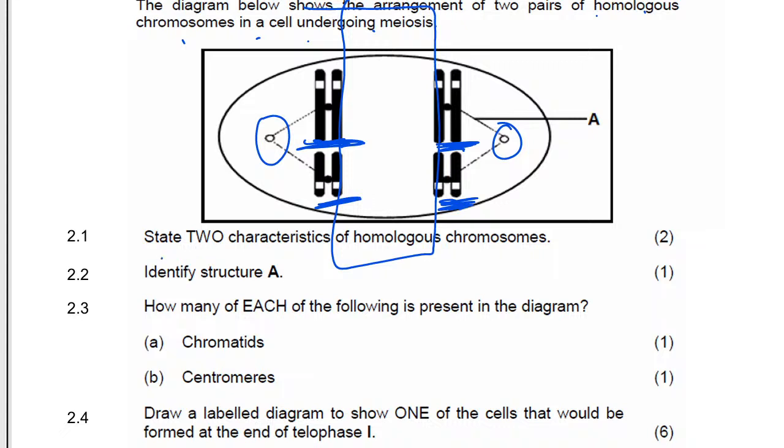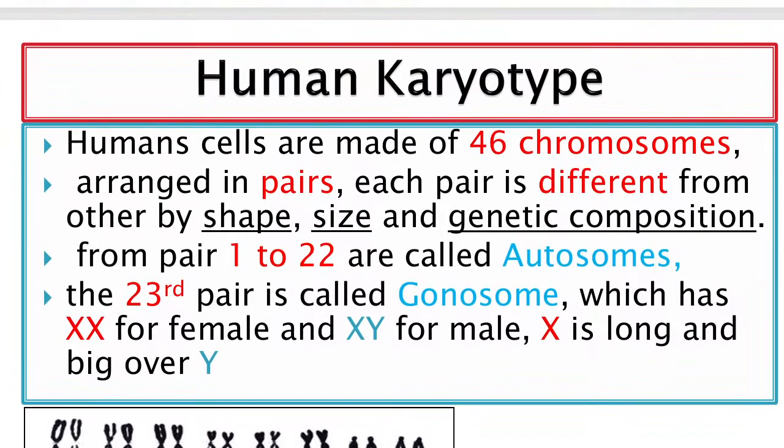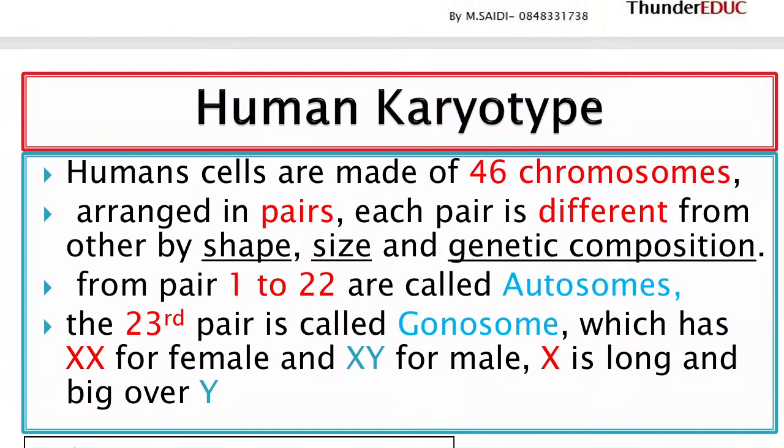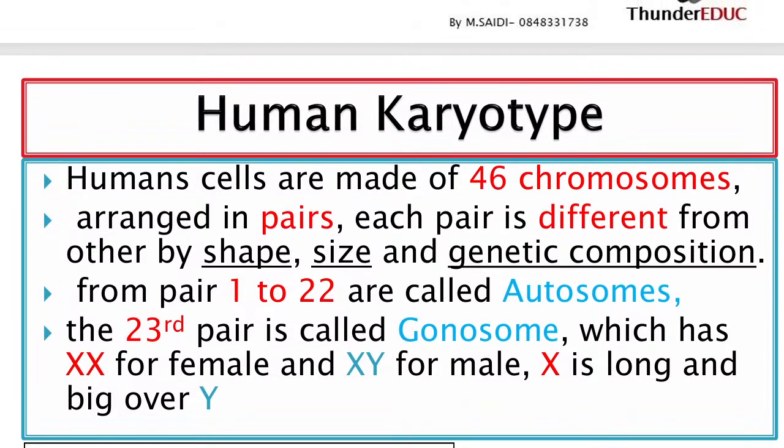Name 2 characteristics of homologous chromosomes. What can you say? Same shape. They have the same structure. The same size, the same shape, and the same genetic composition.